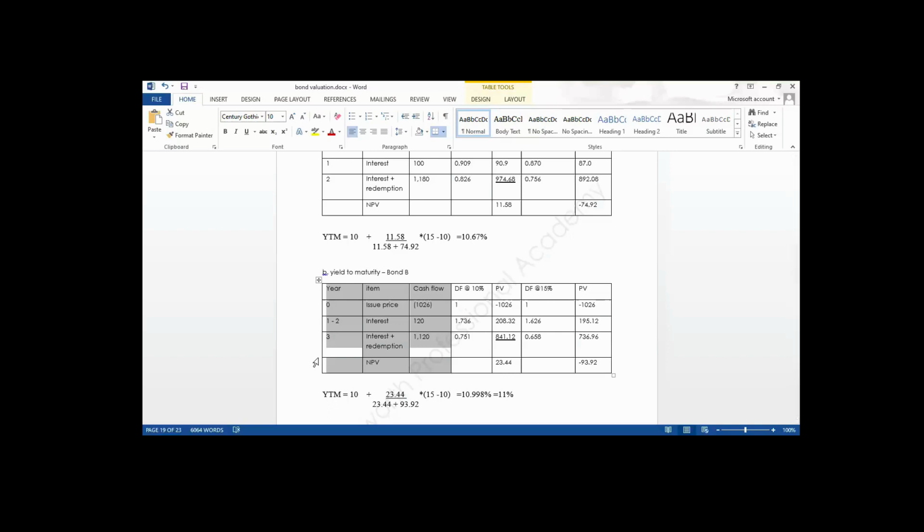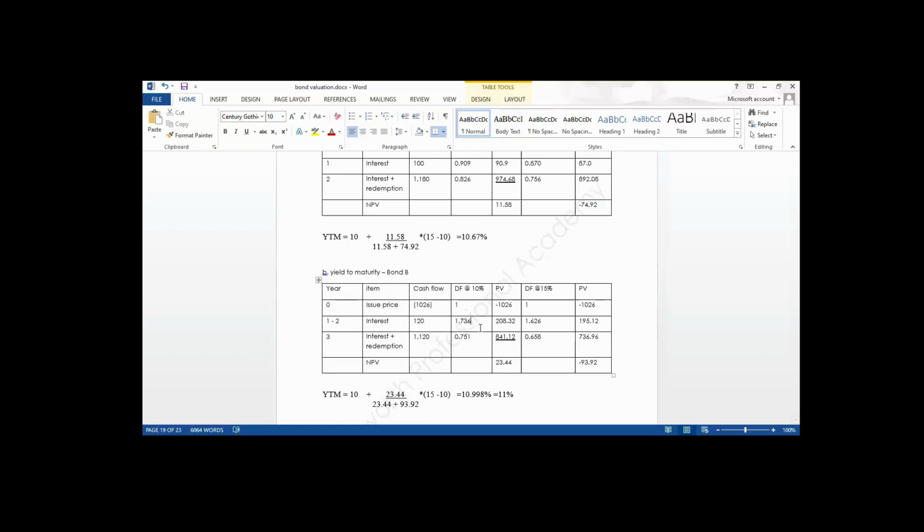Assume a discount rate, one that will give you positive NPV. Please remember, when you get to year 1 to 2, you are going to compute annuity factor because you have two cash flows. What are we assuming?